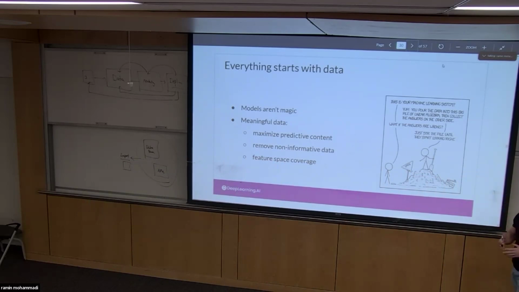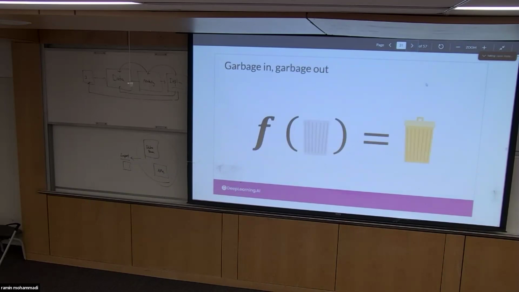Overall, your data should also cover the population that you are targeting. Also remember this: garbage in, garbage out. It doesn't matter how good your function is. If your data is garbage, you get golden garbage back. That's the reality.